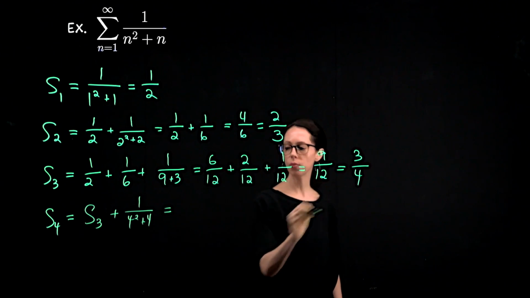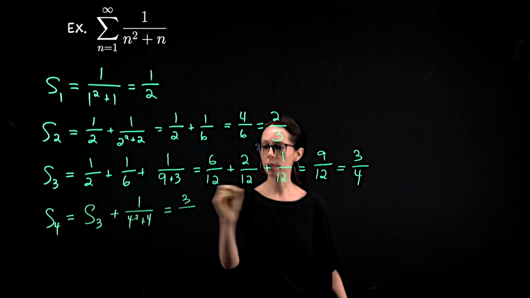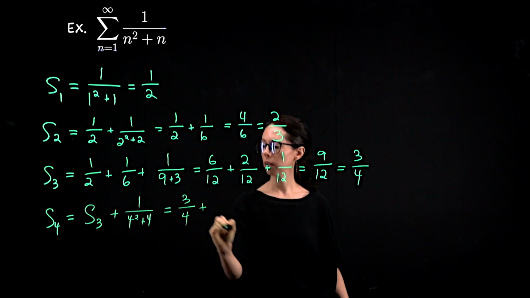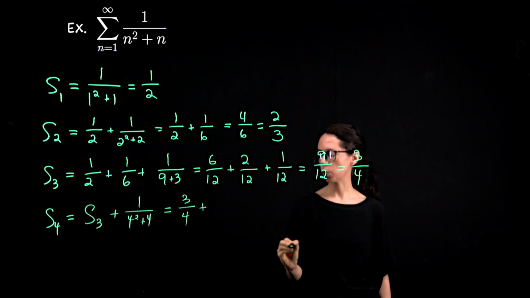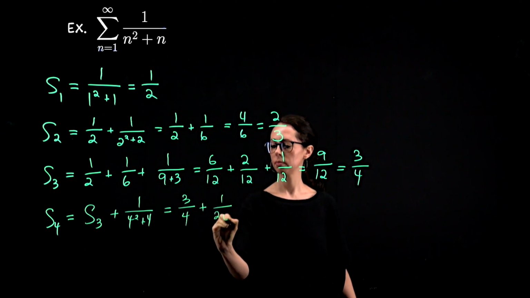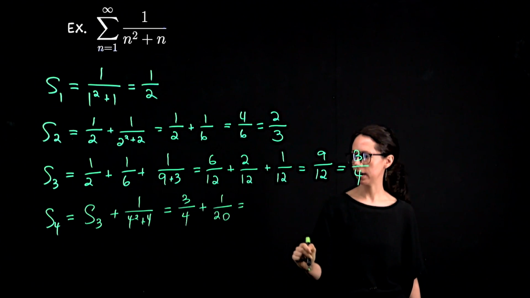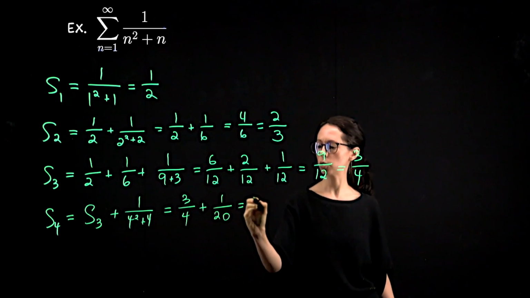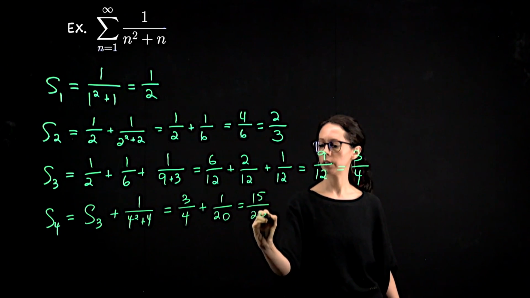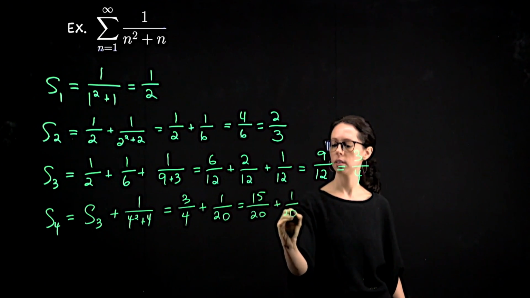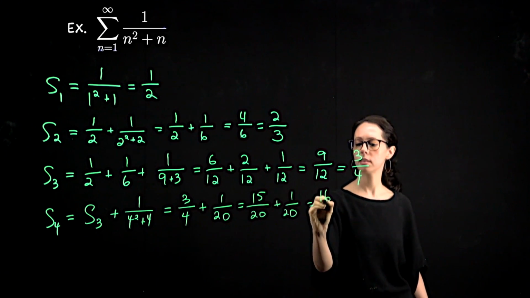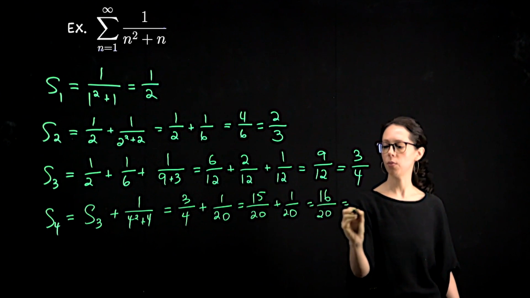So that's going to be 3/4. I don't need to do this addition again. 3/4 plus 1 over 20. So that is 15/20. Always fun to practice fractions, which is 16/20, which divide everything by 4 is 4/5.